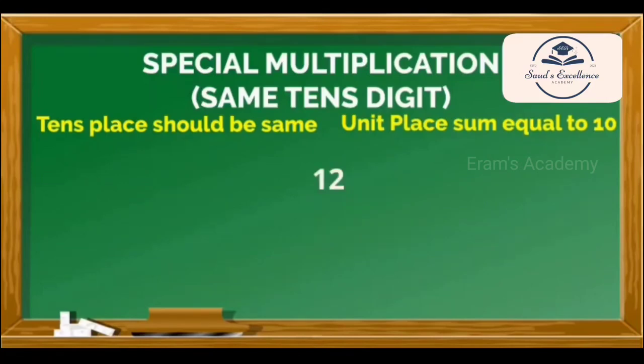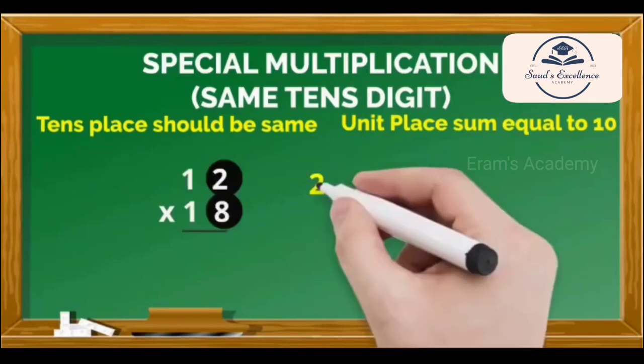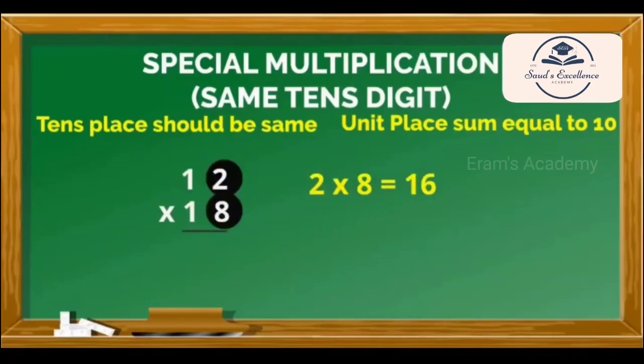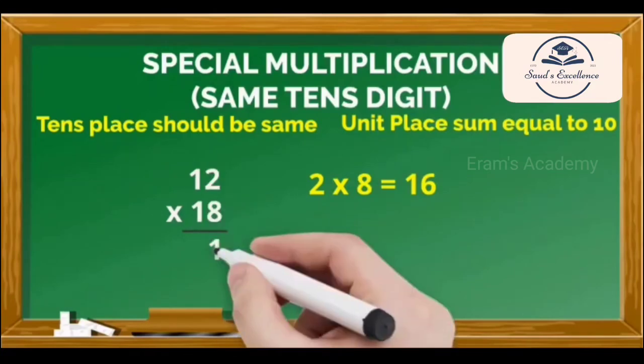Let's start with an example like 12 into 18. First step, we multiply the unit digit numbers: 2 into 8 equals 16. We write 16.